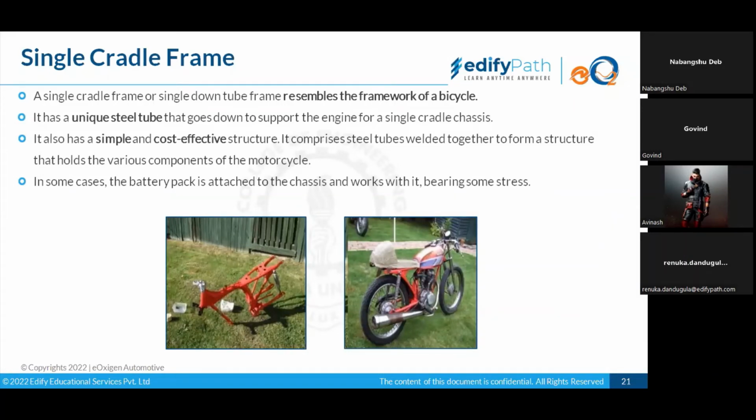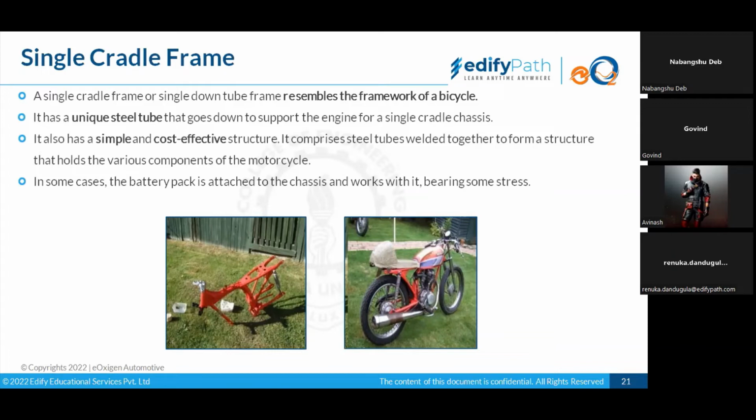So in case of IC, it would be the engine, and in case of electric vehicles, it would be a battery. It also has a simple and cost-effective structure. It comprises steel tubes welded together to form a structure that holds the various components of the motorcycle.